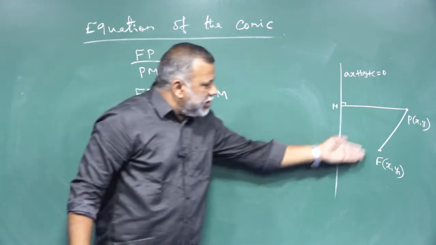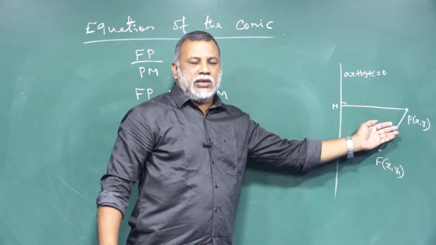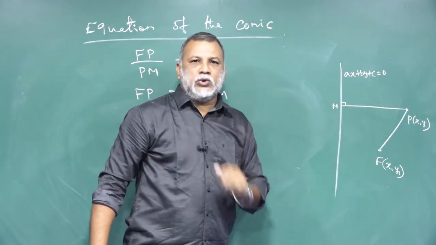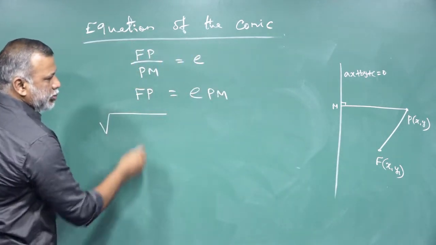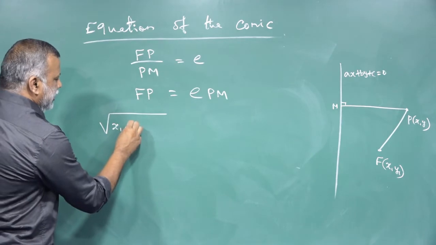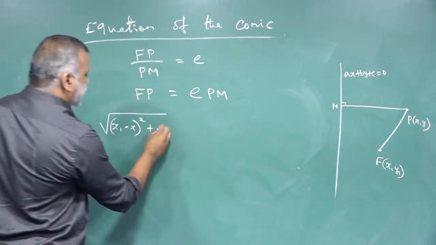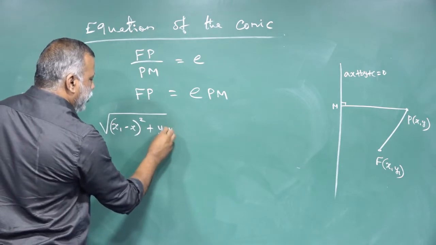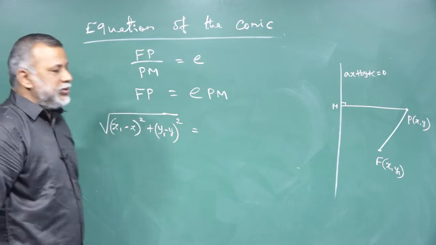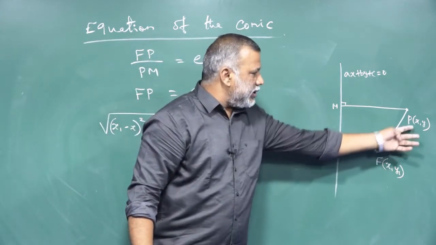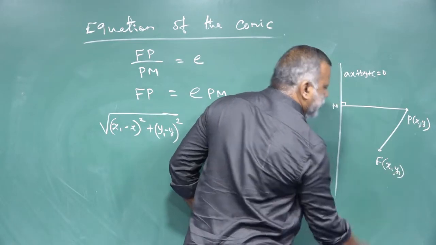Now what is the meaning of FP? F is a fixed point, P is also a point, so we are able to find the distance between 2 points. What formula are we using? The distance between the 2 points is the square root of (x1 minus x) the whole squared plus (y1 minus y) the whole squared. This is the distance between 2 points, x1 comma y1 and x comma y.